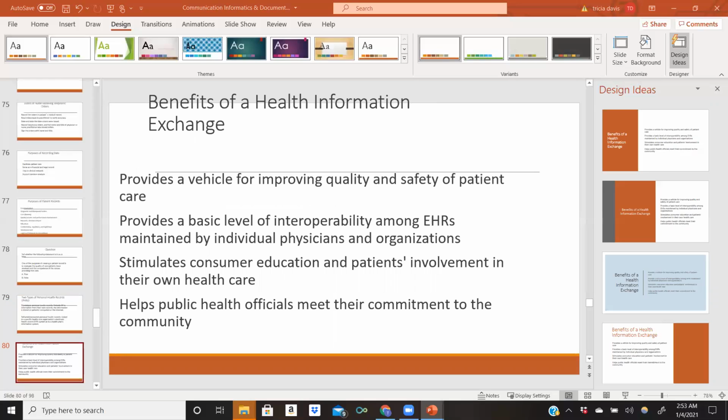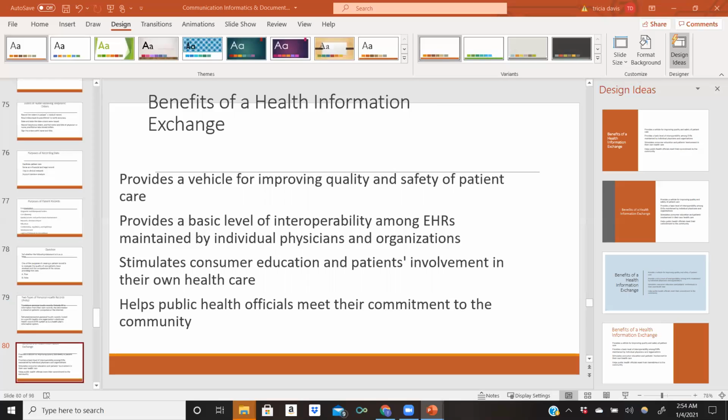The benefits of a healthcare information exchange: an electronic health information exchange allows doctors, nurses, pharmacists, and other healthcare providers and patients to appropriately access and securely share a patient's vital medical information electronically, which will improve the speed, quality, safety, and cost of patient care.